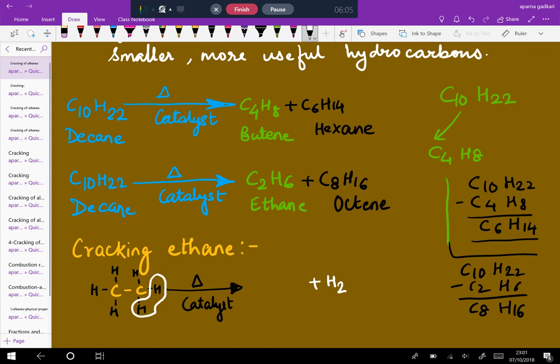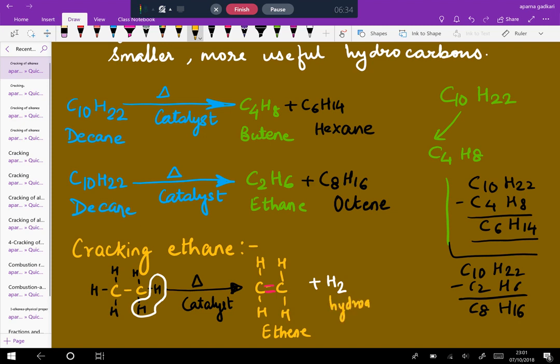Then what remains is C, and now there are only 4 hydrogens. One will be here, another one here, then another one here, and one more. Now carbon needs to have 4 bonds, so a double bond forms. So the molecule that is formed is ethene, and what you get here is hydrogen gas. So this is the hydrogen gas.